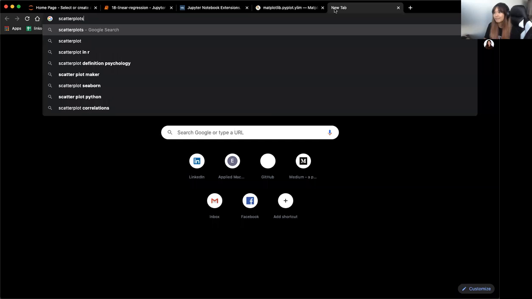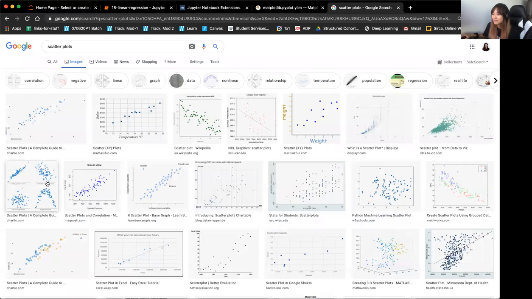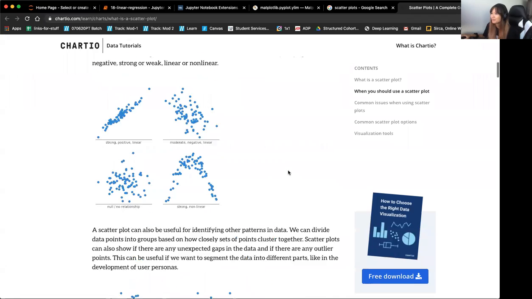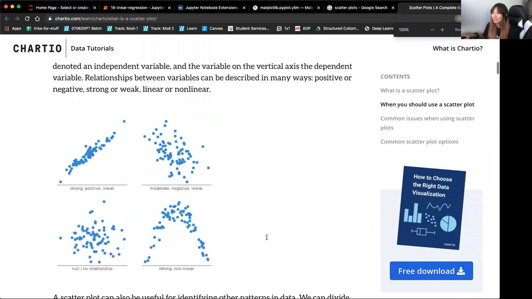All right, so we have some scatter plots here. Let's see if we can get a better photo. Perfect. Having a scatter plot that looks like this is a pretty good sign that the variables are going to be linearly related. Something like this, kind of. Something like these bottom two, quite unlikely.